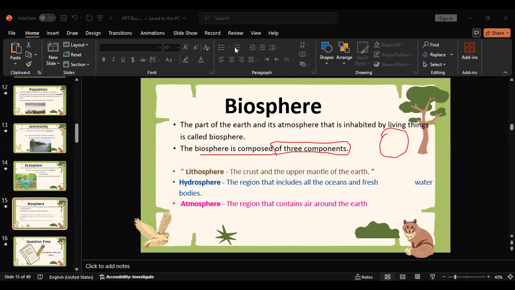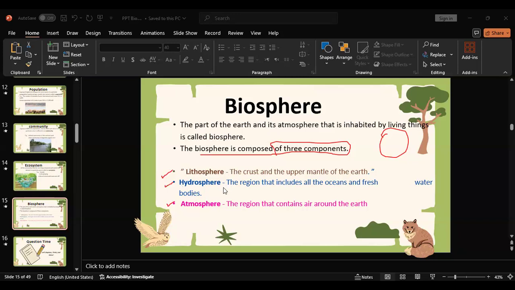Some organisms are present on land, terrestrial animals. Some are living in water: oceans, pond, lake, river, anything. Some other organisms are present in the atmosphere. According to that, we classify the biosphere into three.